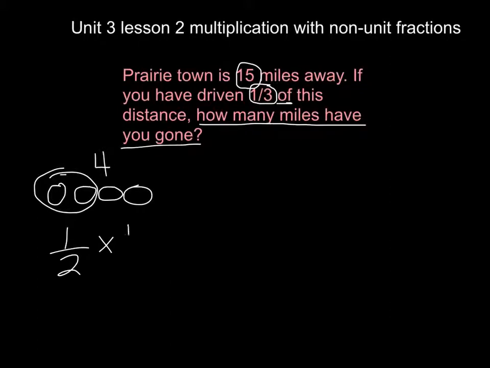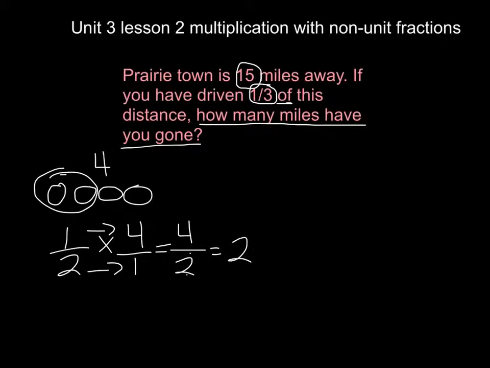So 1/2 of 4, turn that 4 into an improper fraction because we never multiply with whole numbers. Multiply straight across, you get 4 on top, 2 on the bottom. You have now an improper fraction that when you divide, 4 divided by 2 equals 2.